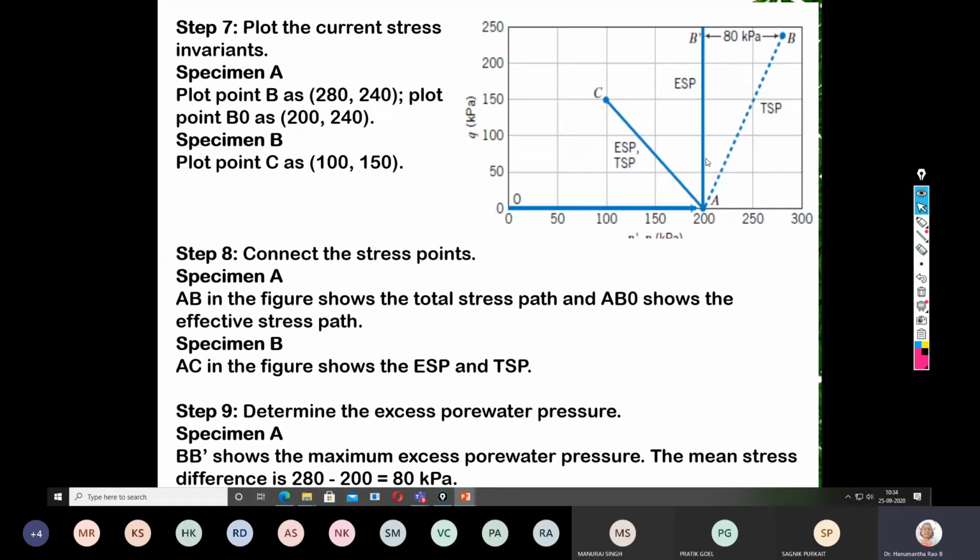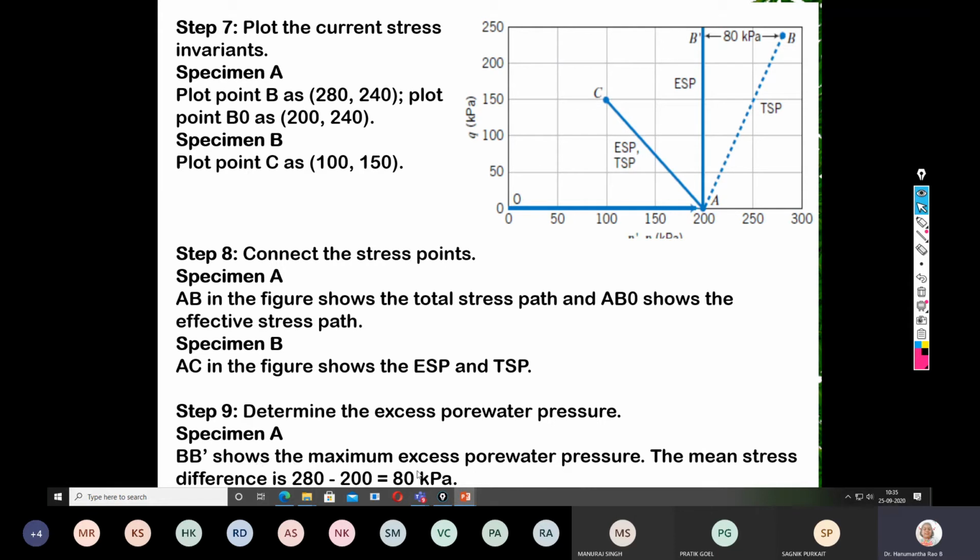So now let us try to understand. AB in the figure shows the total stress path, and AB naught shows the effective stress path. Here, where is AB naught? And AC in the figure shows the effective stress path.